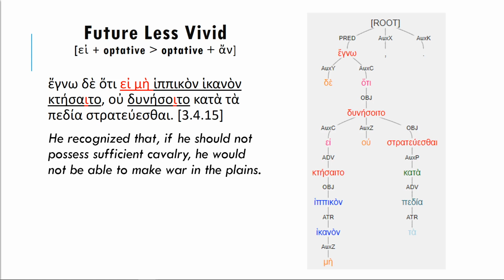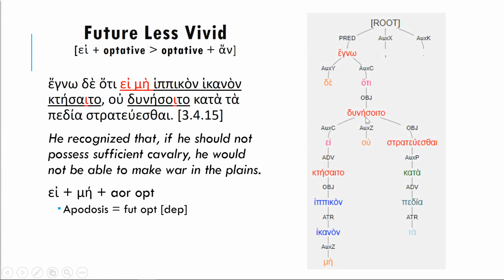He does have enough cavalry, so he can do this. So a future less vivid has this sense of less likely to be true. A future more vivid has a much better sense of being likely to happen. So again, we have ei plus an optative, which is negated by me, and then an optative as well in the main verb.